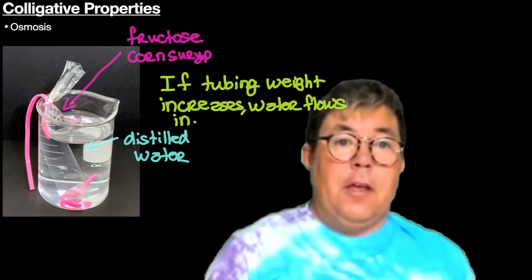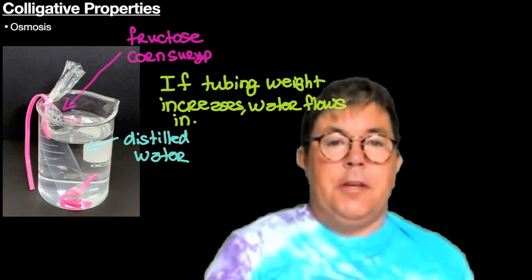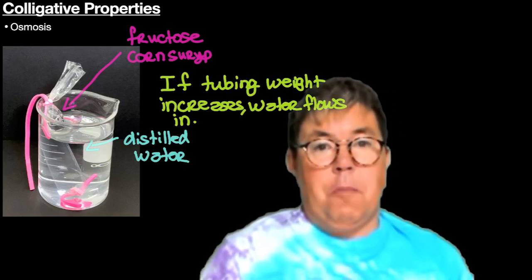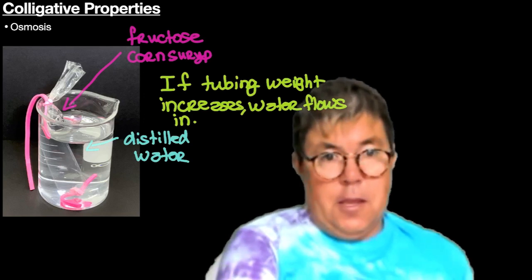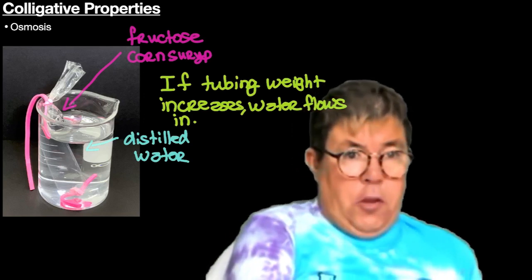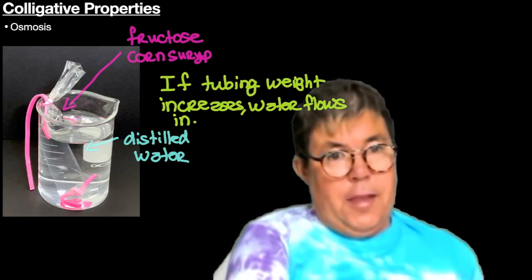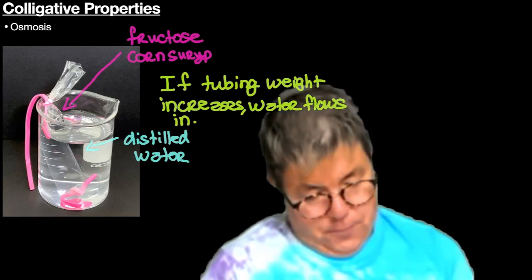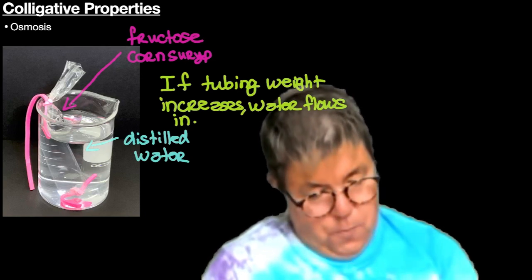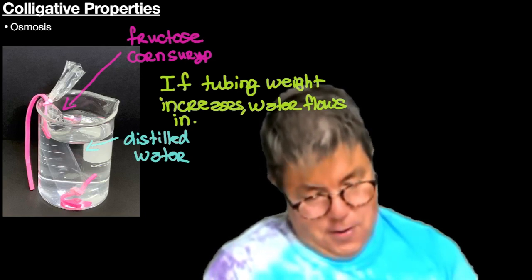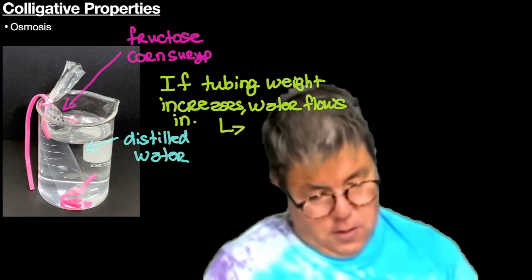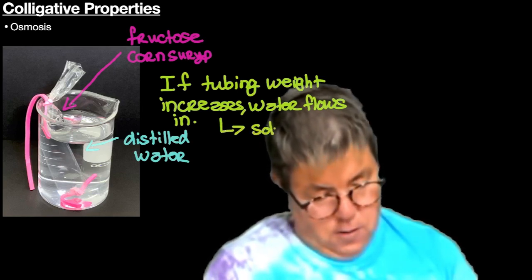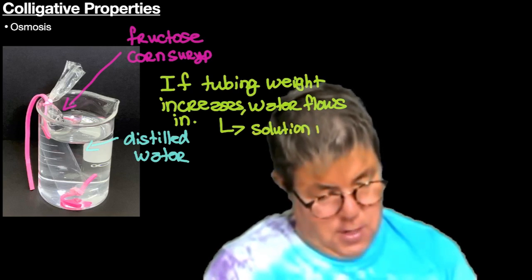And conversely, if the tubing weight were to decrease, water would be flowing out of the tubing. So if water flows into the tubing, then we can say the solution inside is hypertonic.